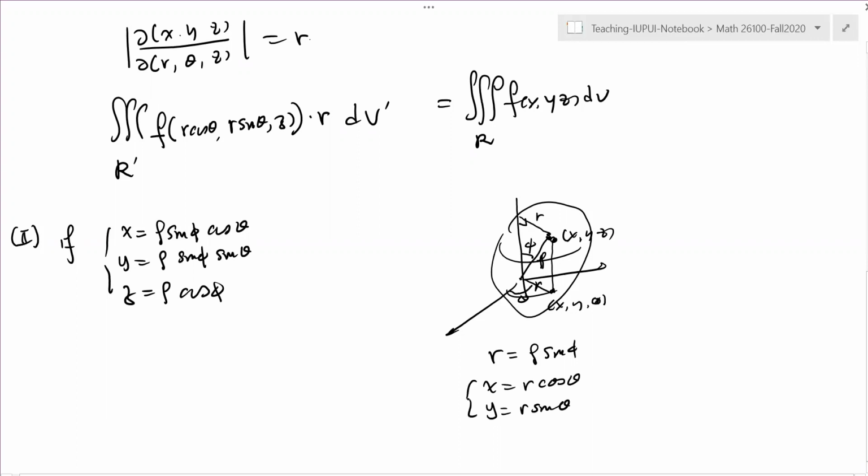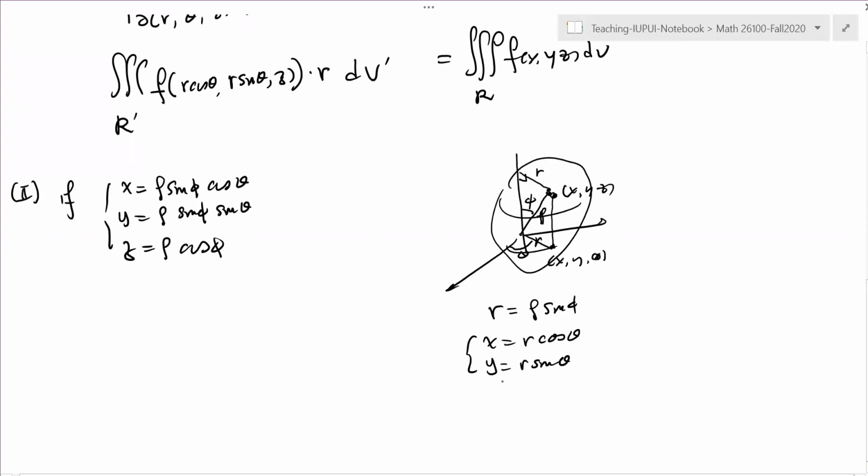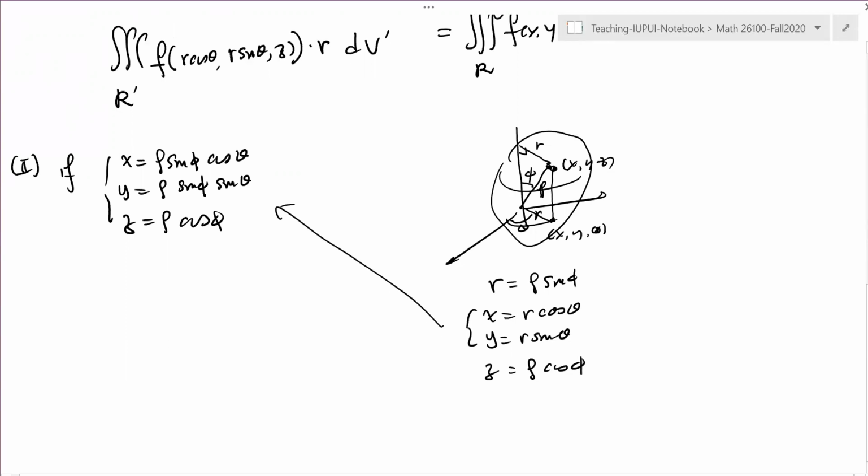So you have these two, really, where R is rho sine phi. Now, what is z? z is going to be the height of that point, so z is going to be rho cosine phi. That gives you the above formula when you replace R by rho sine phi. This is called the spherical coordinate.